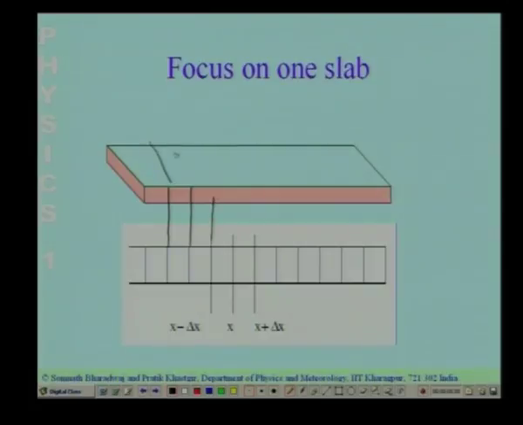So, this is one slab, and I shall be showing only the cross sectional view over here. We have labeled this direction with the x axis and we have divided it into slabs of equal interval delta x.